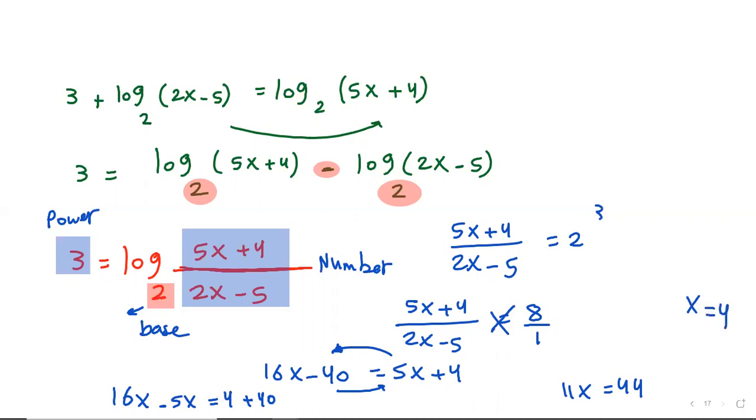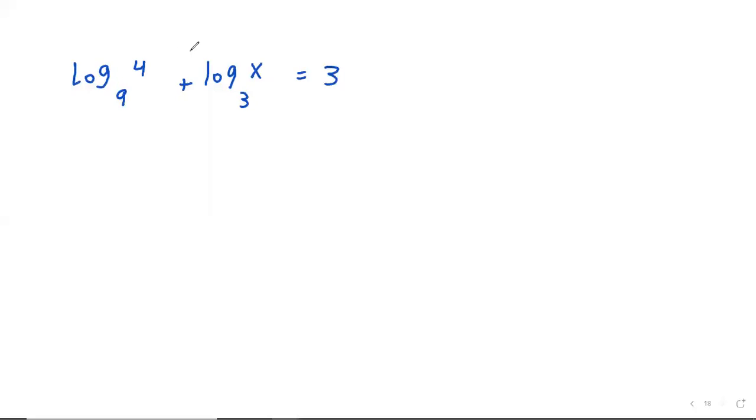That's it. If we look at this example, we have log 4 in the base 9, plus log x in the base 3. We couldn't use the multiplication rule because the two bases are different. But we can write log 4 in the base 9 as log 4 in the base 3 over log 9 in the base 3.